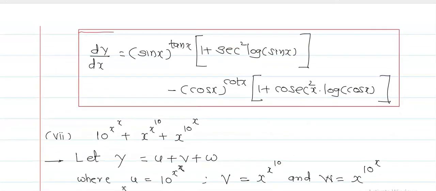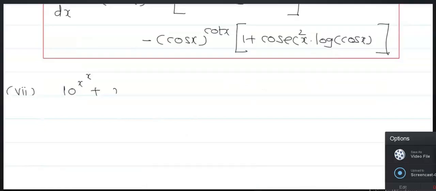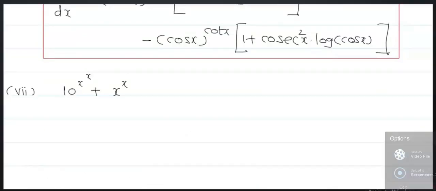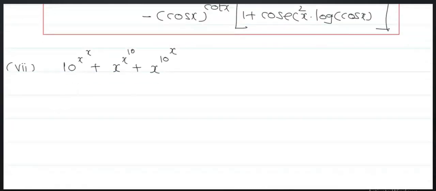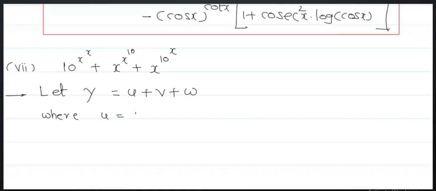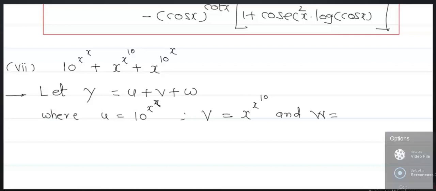Now the next is number 7: y is equal to 10 raised to x to the power x, plus x raised to 10, plus x raised to 10 raised to x. Now y is equal to u plus v plus w.